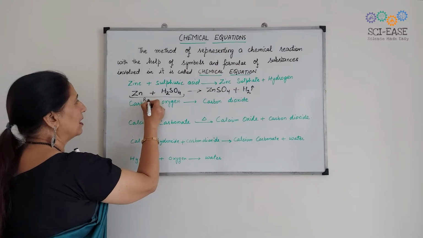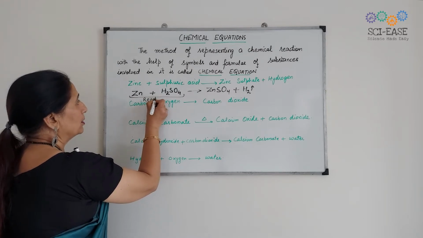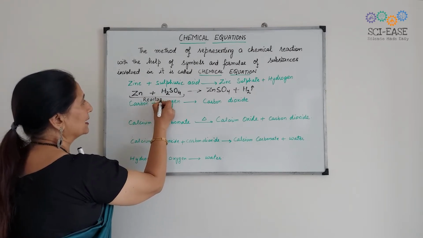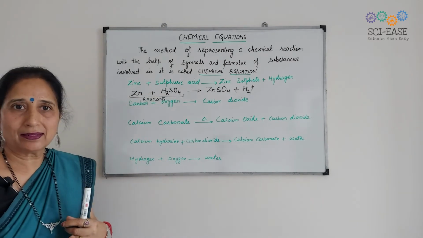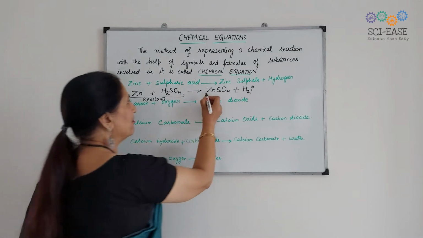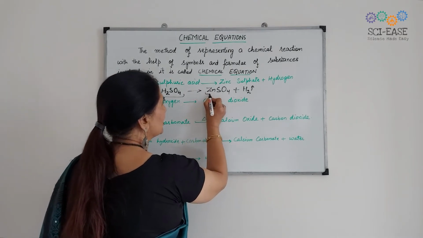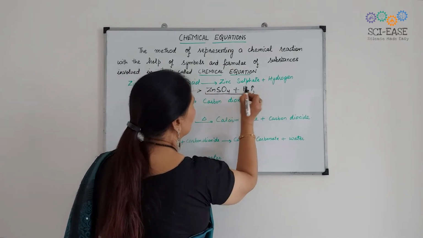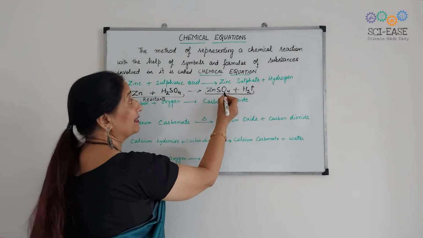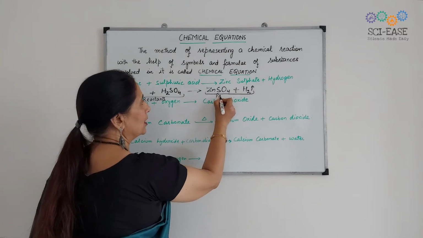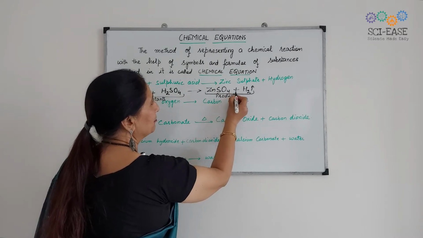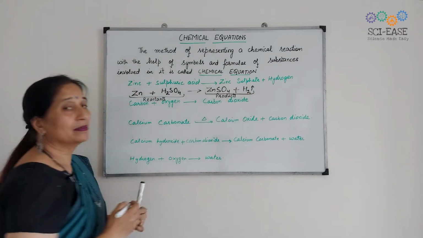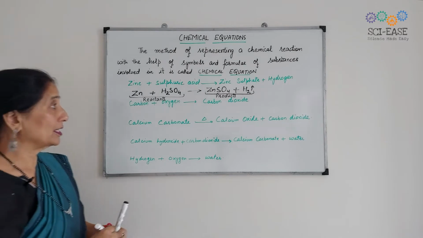And when there are two or more reactants, we put a plus sign in between. In the same way, the substances which are present on the right hand side of the chemical reaction are known as products, and when the products are more than one, we write a plus sign between the products.